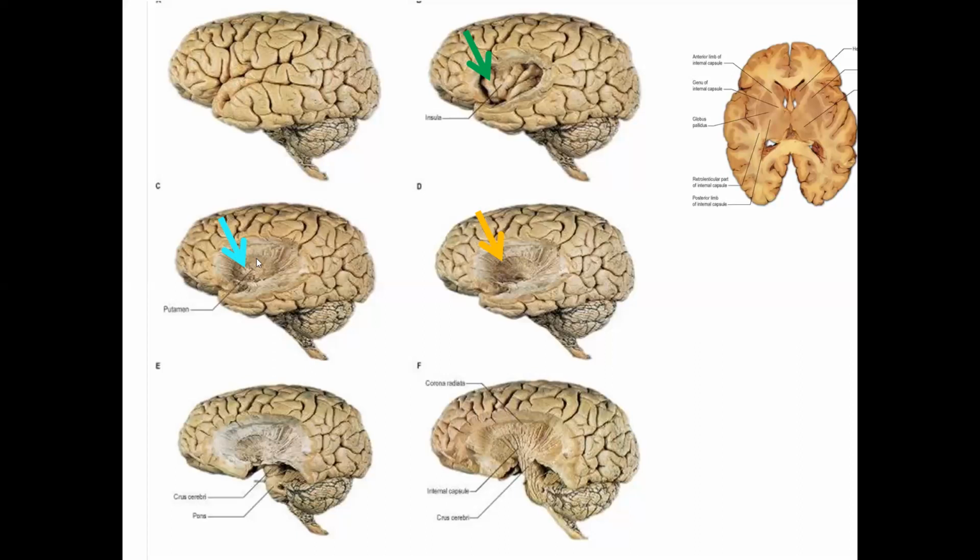We remove the insular cortex, we'll get to see putamen and globus pallidus. Once we remove the globus pallidus and putamen, we'll get to see the internal capsule. The fibers of the internal capsule are continuous above with corona radiata and below with crus cerebri of midbrain.